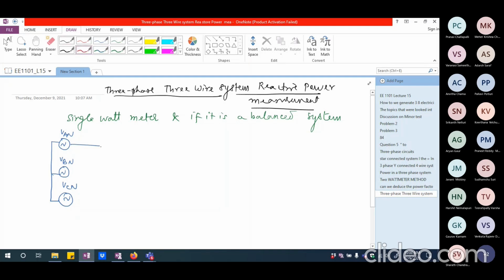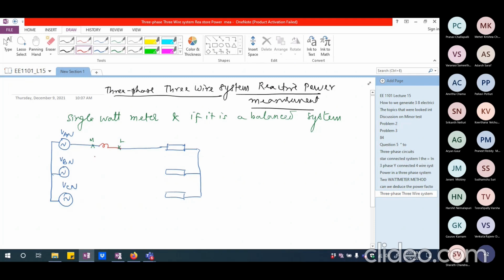So let me show the current coil here, and that is connected to the load. I'm going to have the load here, here, and here. So this is the current coil, which I call M and L. Only one wattmeter I'm going to use.